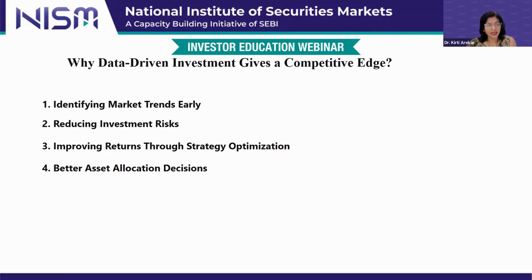The third point I want to concentrate on is improving return through strategy optimization. The optimization is based on the fact that we have a real data set, we have the historical data, and we are doing some back testing. A trader creates strategies like buy a stock if RSI is less than 30, the oversold condition, and sell the stock when RSI is greater than 70, the overbought condition.